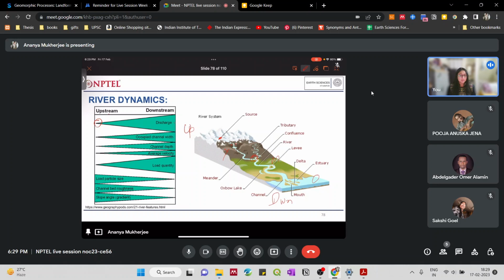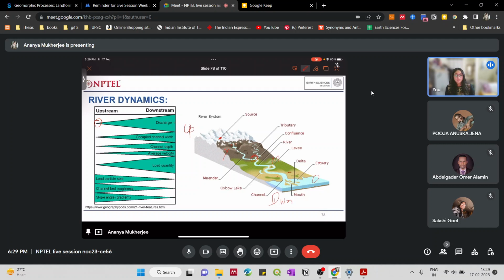You can also see the change over here. The river channel is very thin, but over here the river channel is much thicker. So we can understand how the discharge is relevant to the width of the river channel: over here you will have more water getting discharged by the river.